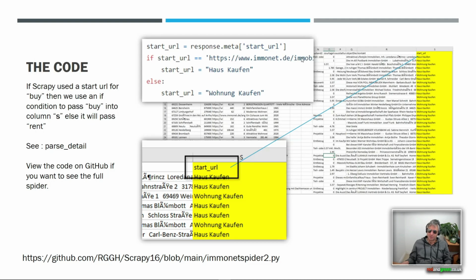If it's not equal to that URL, because we've only got 2 URLs, then the alternative will be the else, which will convert it to apartment to buy. So ultimately, start URL ends up as one or the other of those phrases, which then end up in column S in the CSV. Good.